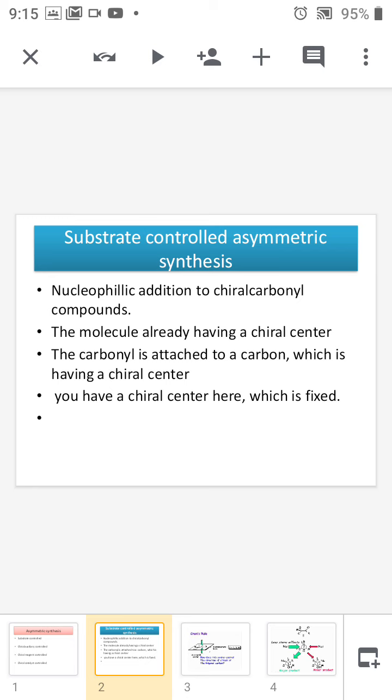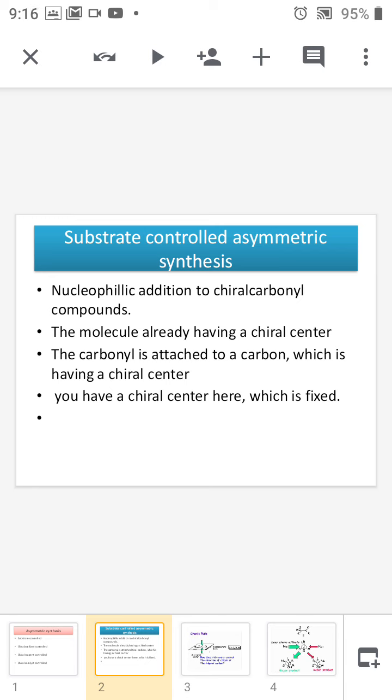So the name itself indicates that our starting material is an optically active compound, and one of the examples is nucleophilic addition to a chiral carbonyl compound.